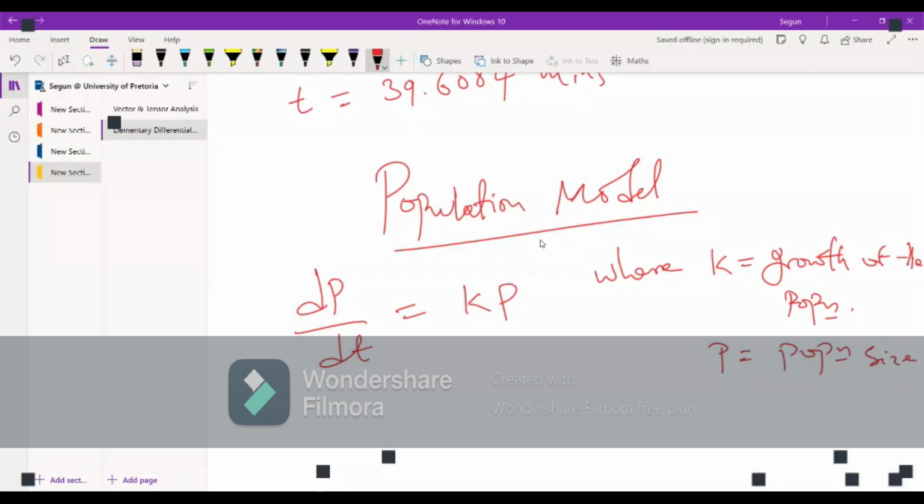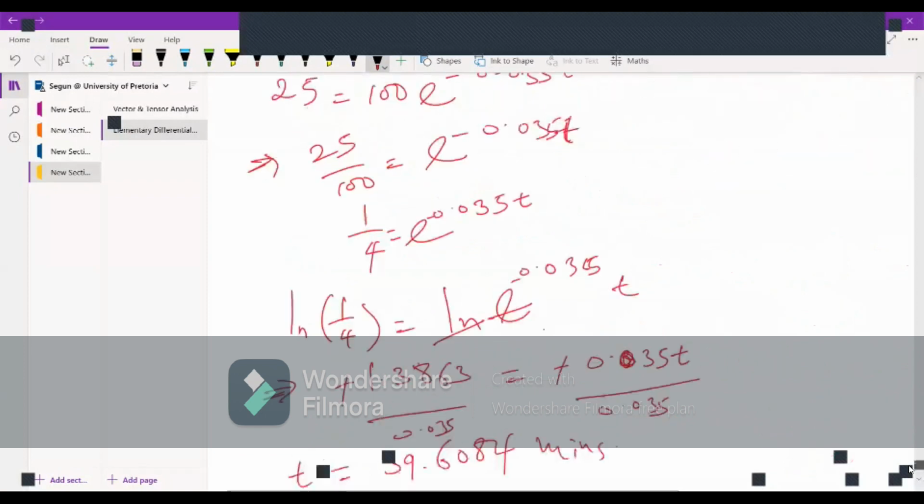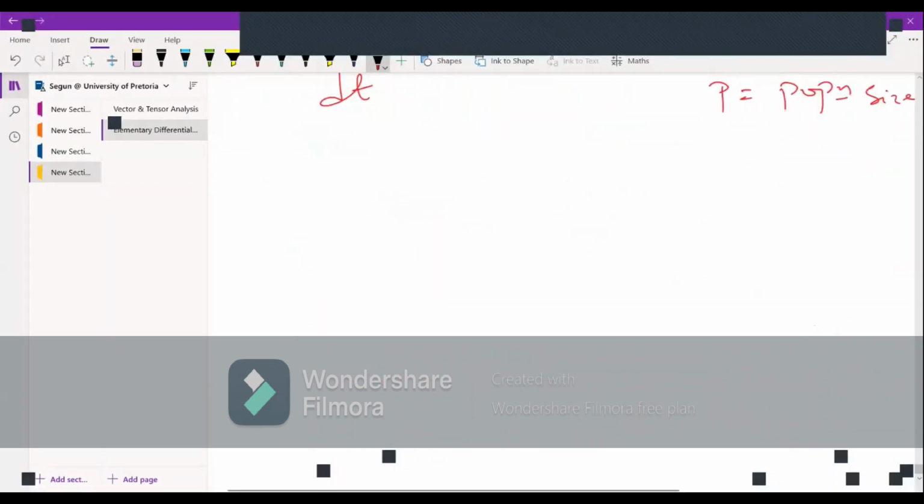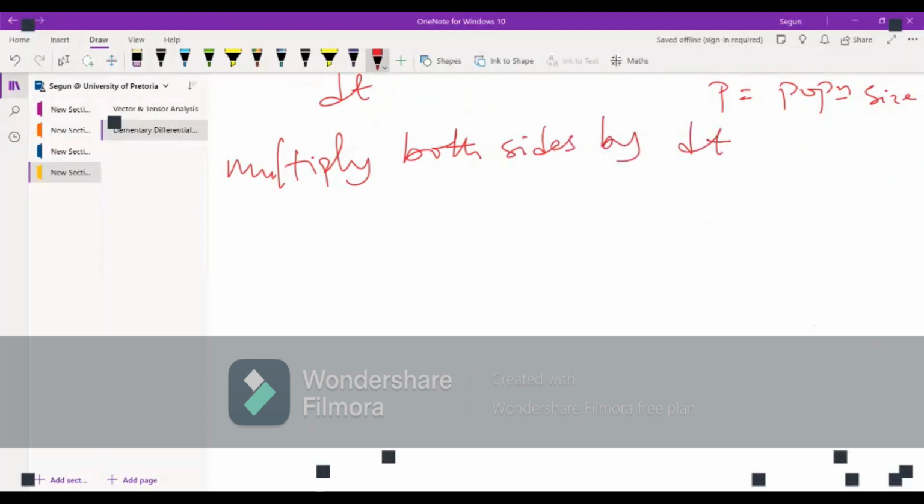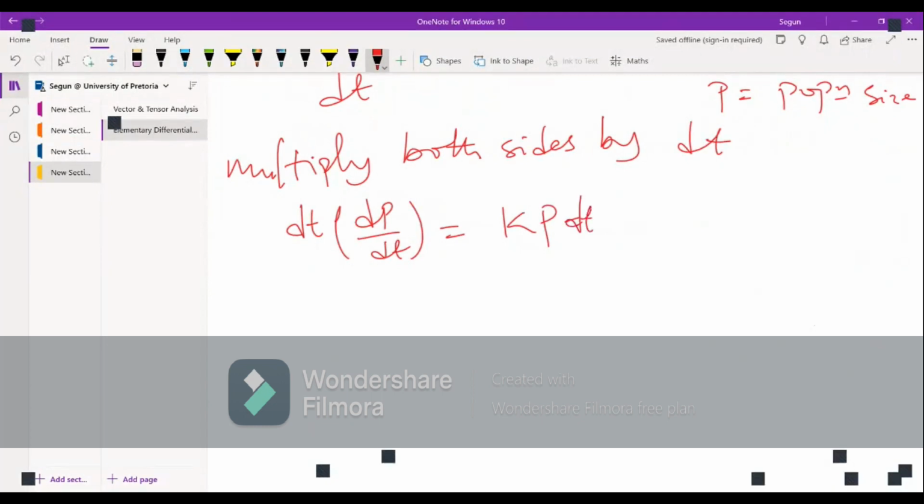So what we need to do is separate variables. This is a differential equation, as we all know, so we need to separate them. For us to do it, multiply both sides by dt. You have dt multiplied by dP over dt equals kP dt, so this cancels this.